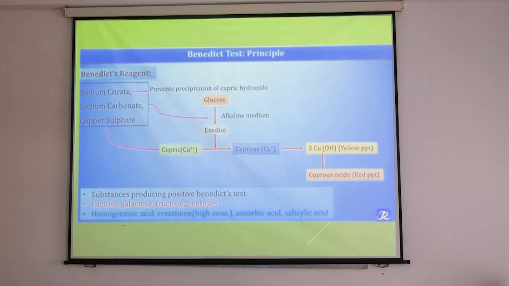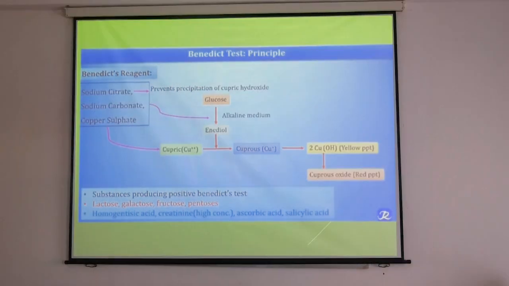Sodium citrate prevents precipitation of cupric hydroxide. Sodium carbonate provides an alkaline medium. Copper sulfate supplies the copper ions. And these cupric ions, when converted to cuprous, lead to the production of the color.